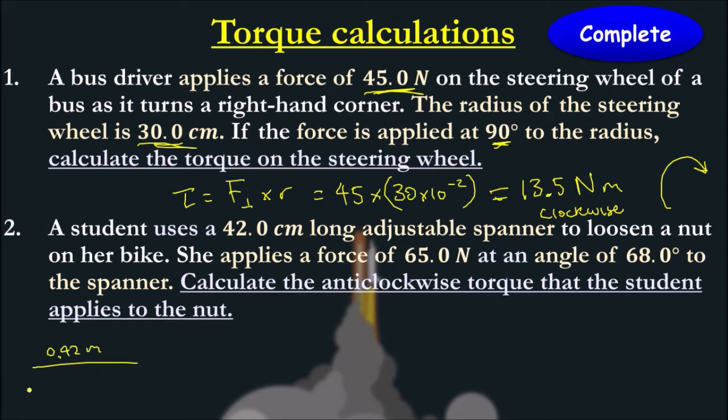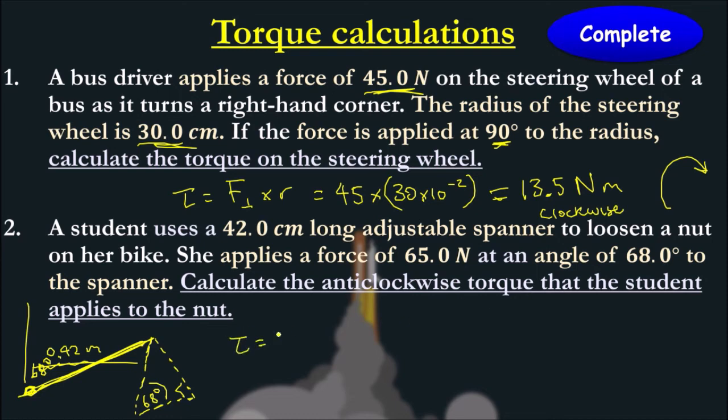So if the spanner was, let's say, here, and this is our length, we drew this out. This is for the 90 degrees. This is the object, and this is the 68 degrees. What is the magnitude of our anti-clockwise torque?